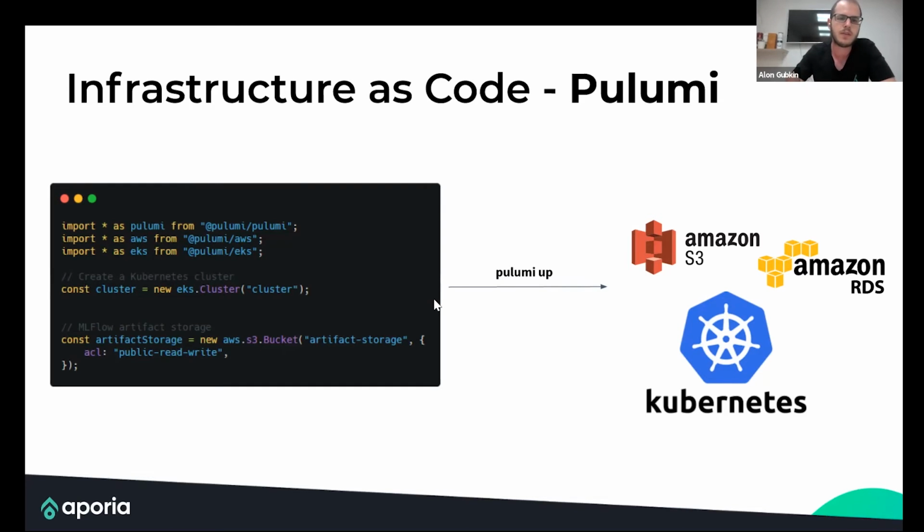And one thing to note here is that, for example, let's say I already ran this code and the resources were created, and then I comment out this S3 bucket because I decided that I don't want it anymore. Then Pulumi will know to make the diff.